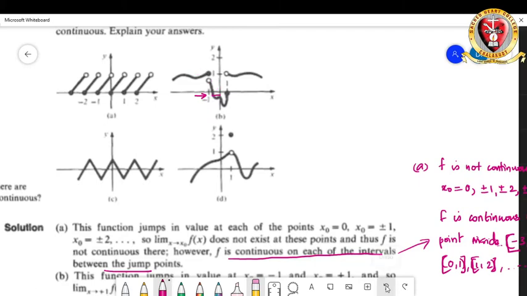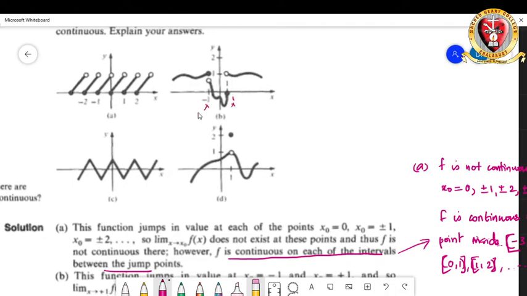And the next one is the point 1. If you are moving from the left and from the right, the function moves like this from the left and like this from the right. So the left and right limits are not coinciding, which means the function is also not continuous at 1.